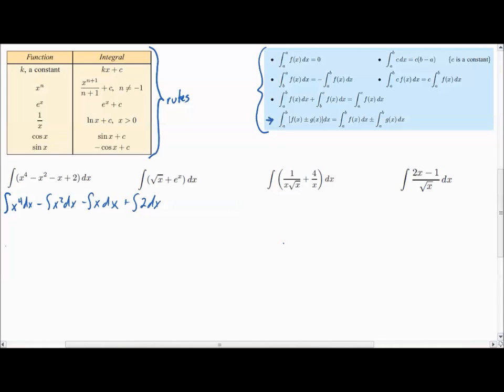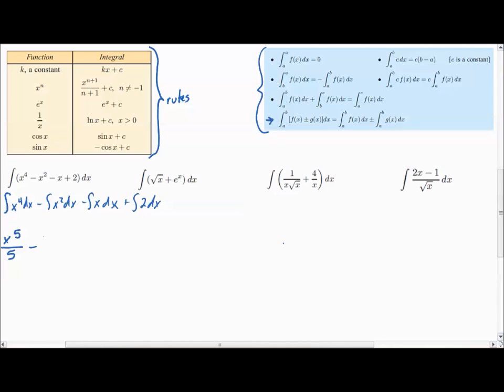Now, if we look at our integral rules here, x to the n becomes x to the n plus 1 over n plus 1. So the x to the fourth will become x to the 4 plus 1, which is 5, and then over 5, or times 1/5, obviously.